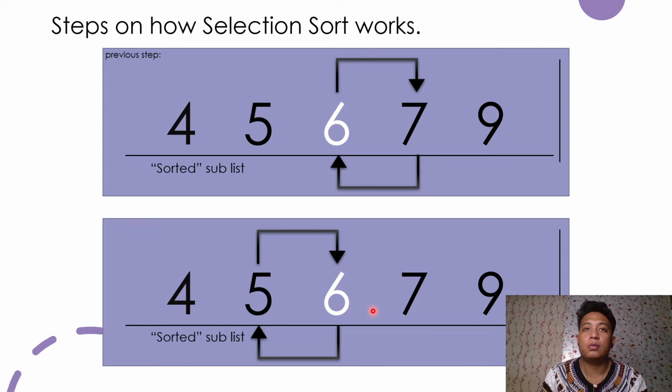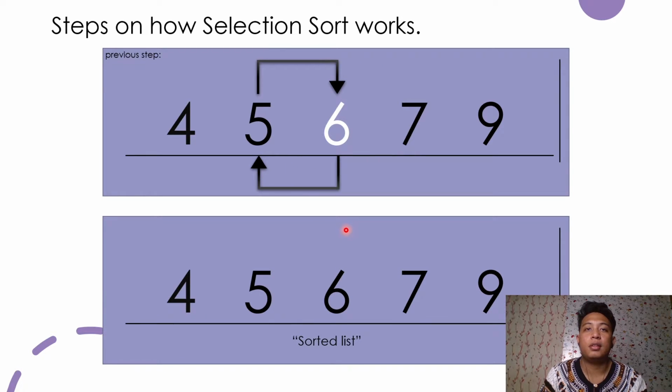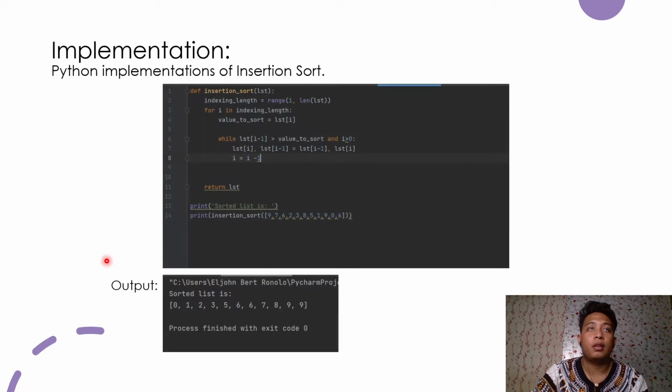It is false, so number 6 will be in that place. So that's how it works. This is our sorted list now: 4, 5, 6, 7, and 9. So this is our pseudocode in insertion sort. Next, we have the Python implementation of insertion sort.